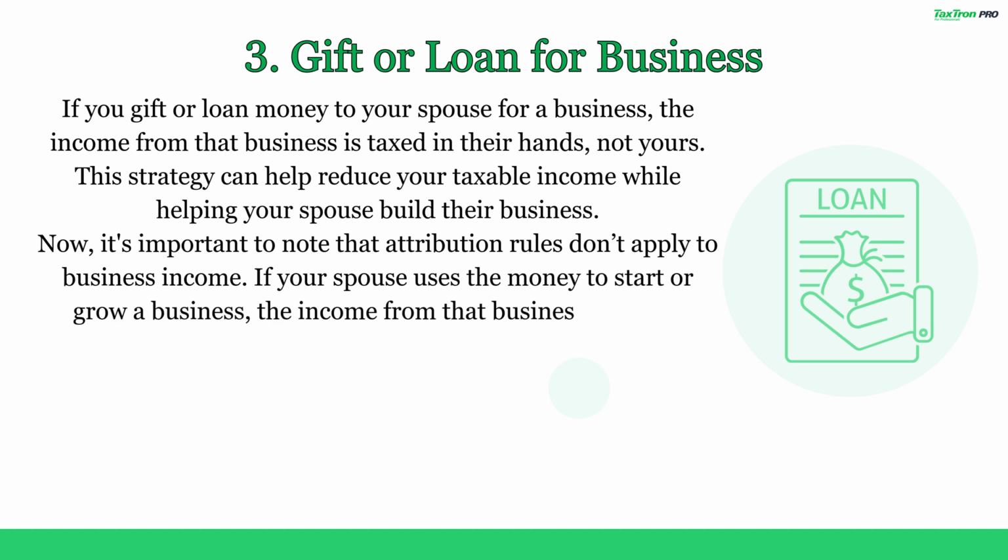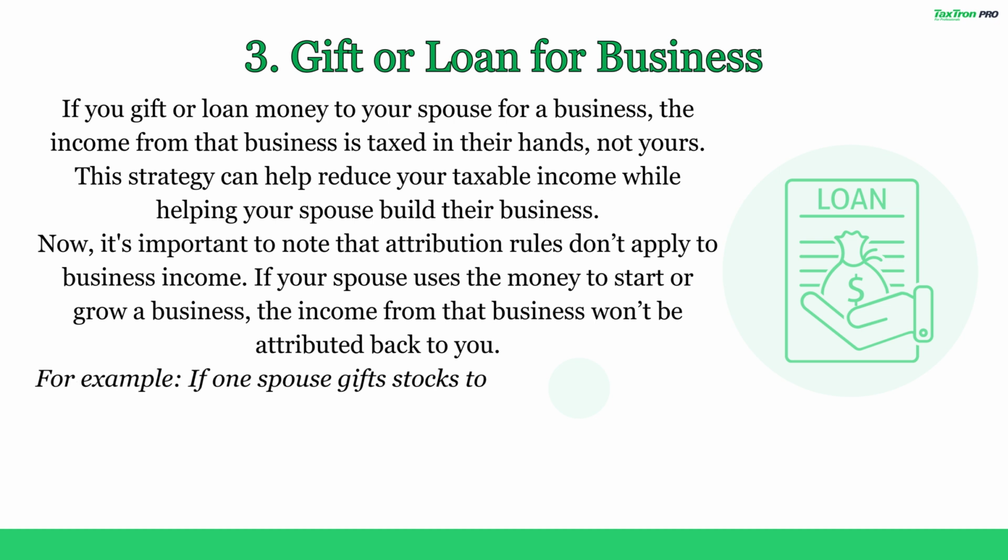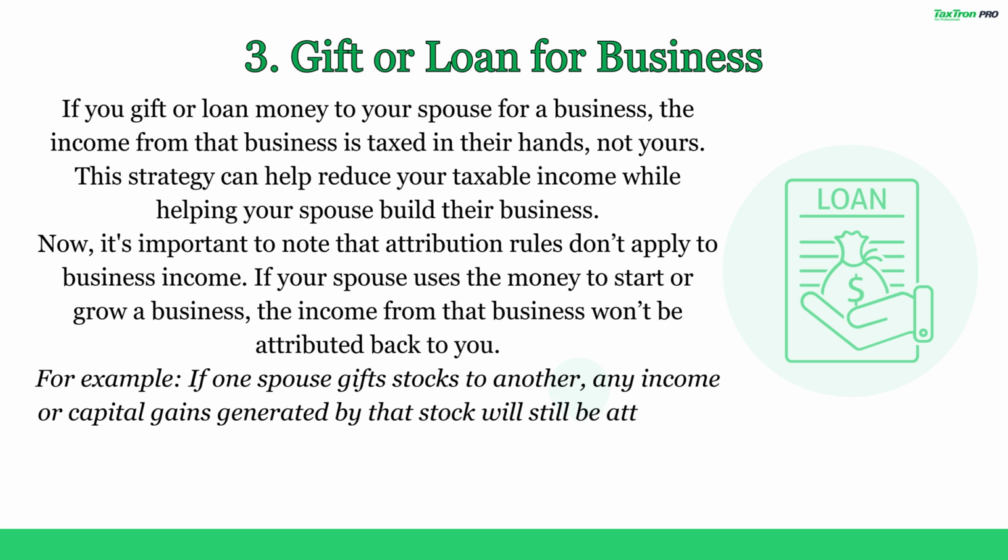If your spouse uses the money to start or grow a business, the income from that business won't be attributed back to you. For example, if one spouse gifts stocks to another, any income or capital gains generated by that stock will still be attributed back to the person who gifted it. So, transferring assets to reduce taxes won't work here.